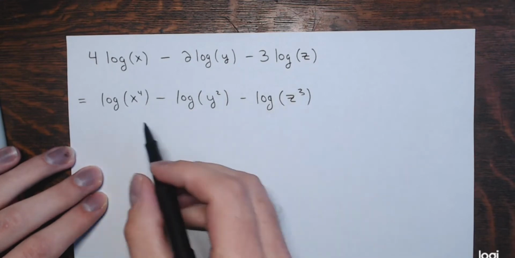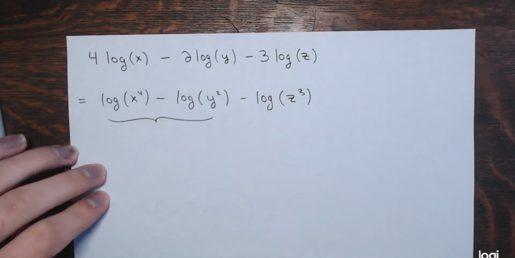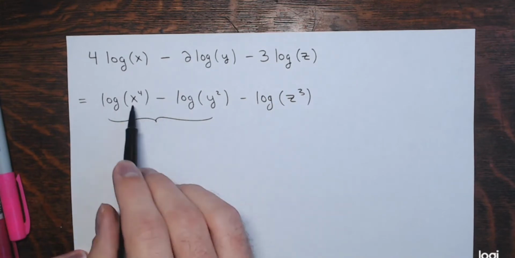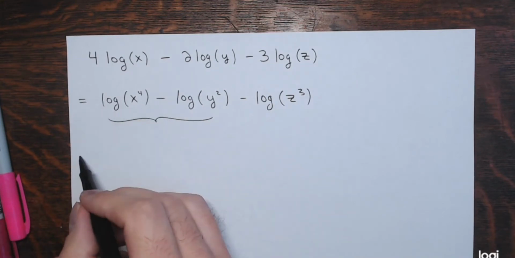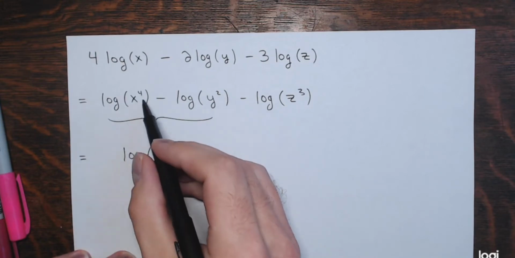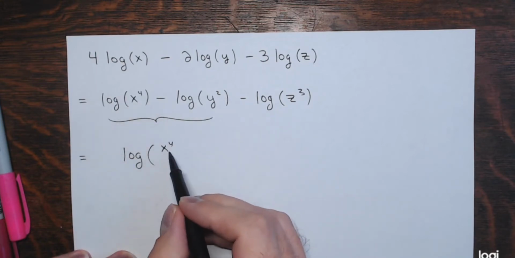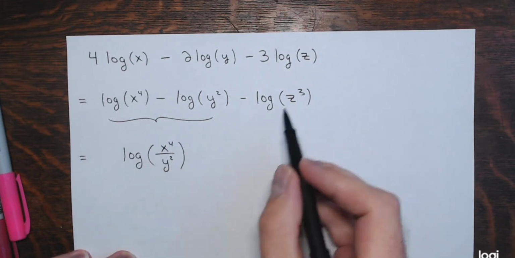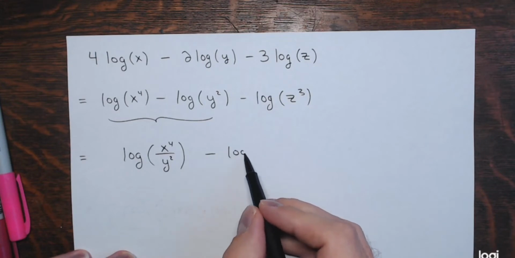All right, and then I'm just going left to right here, 2 at a time. First 2 terms I see as a difference. So that's the log of a fraction, the log of a quotient. So this is the log of x to the fourth divided by y squared. And then we still have minus the log of z cubed.